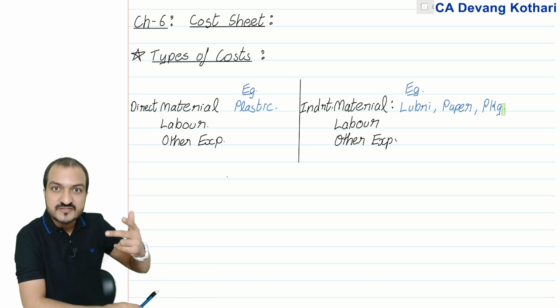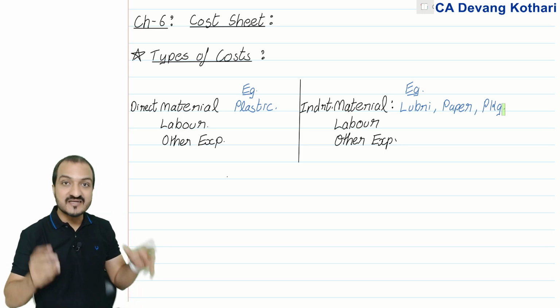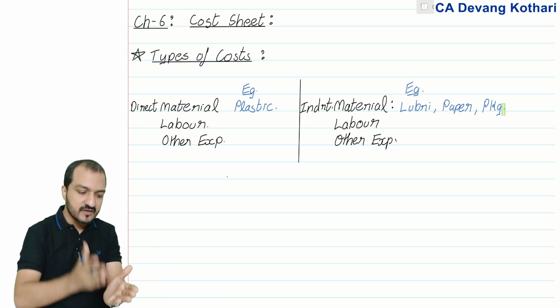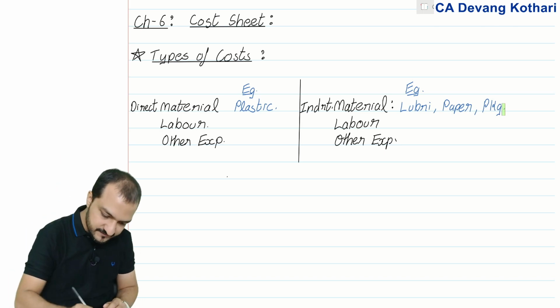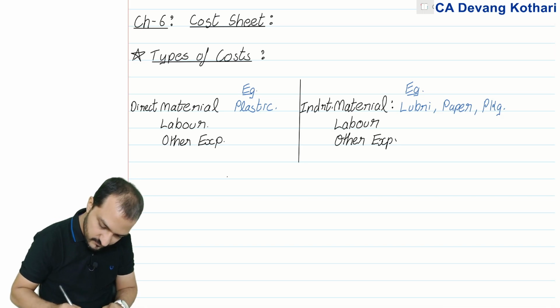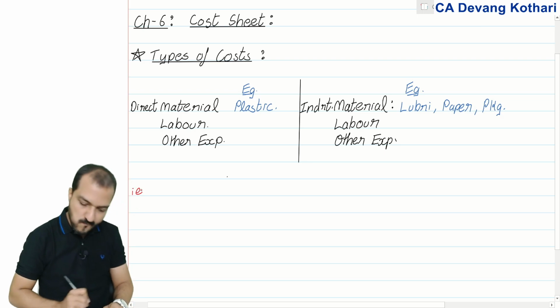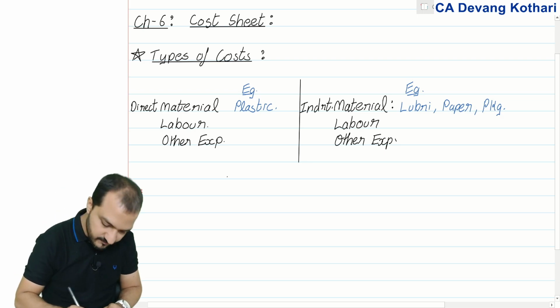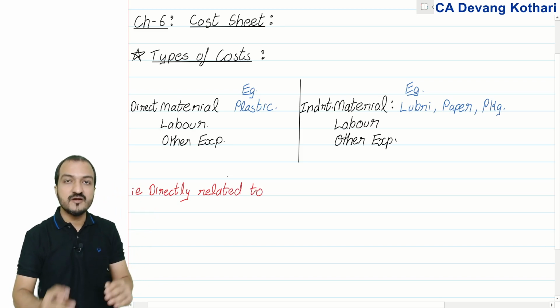Can you understand the difference? Packing is incurred after manufacturing the pencil. It is not directly related to manufacturing the product. So understand, when I say direct cost, it means directly related to the product.